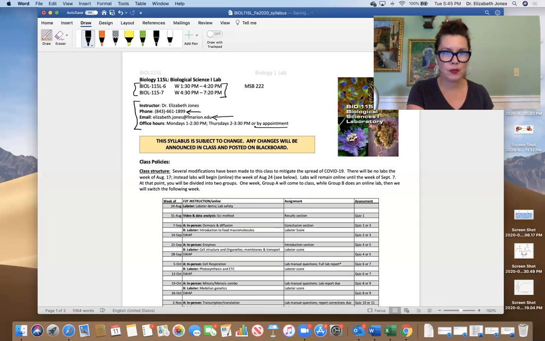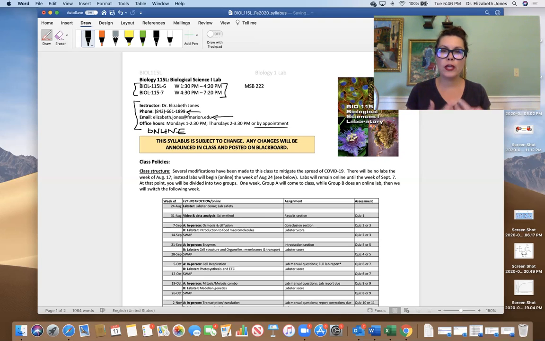Now, one quick note about my office hours this semester is that they are all going to be online. The rationale for this is that biology professors, we all share a set of office suites. If you were to walk into our office, there's a lobby area, and then the offices sort of extend off of that lobby area like spokes on a wheel. So we all have a shared space.